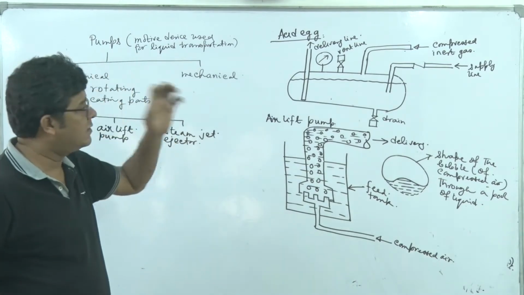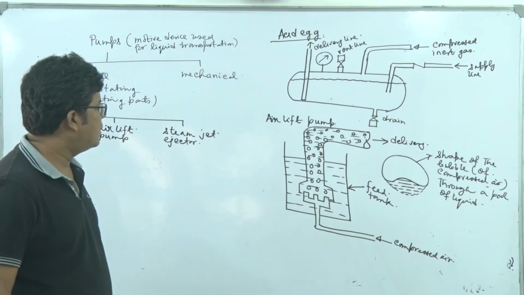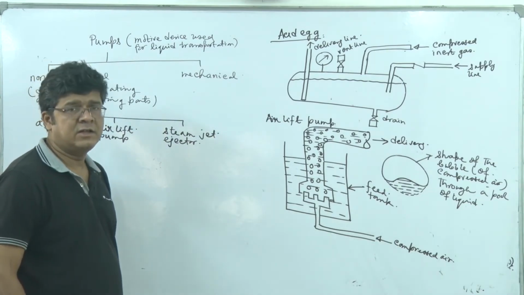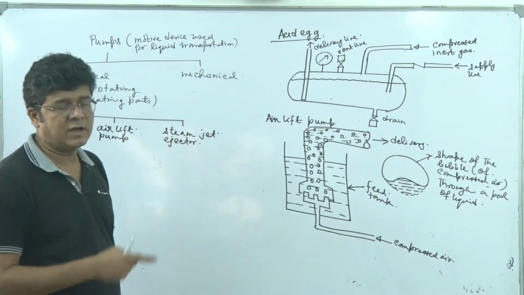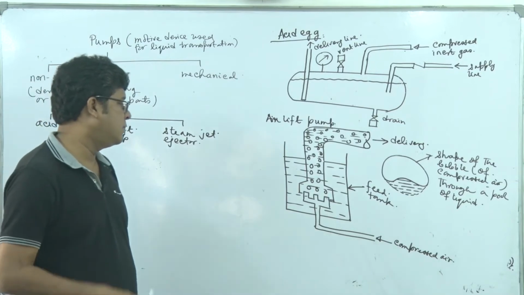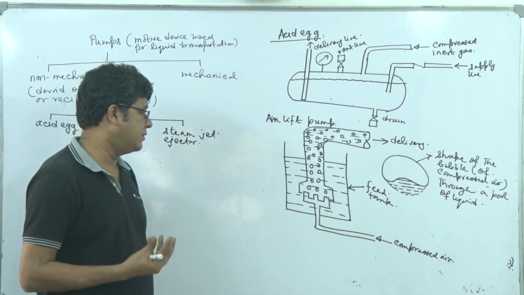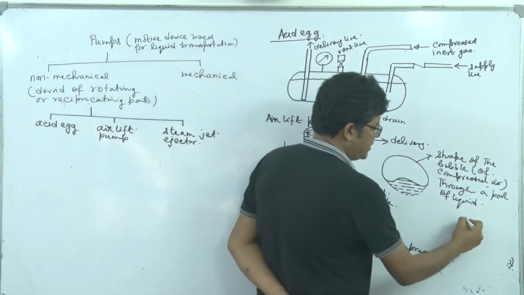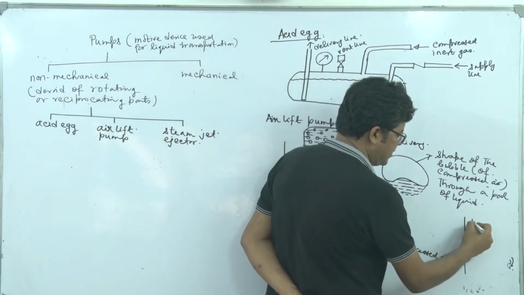This airlifting technique has also been used in biological reactors, where the microorganisms are to be circulated, otherwise they will lose their potency and cell death will happen. That's called an airlift reactor. This airlift reactor looks like this.